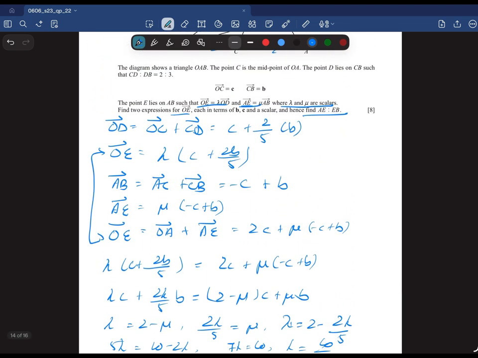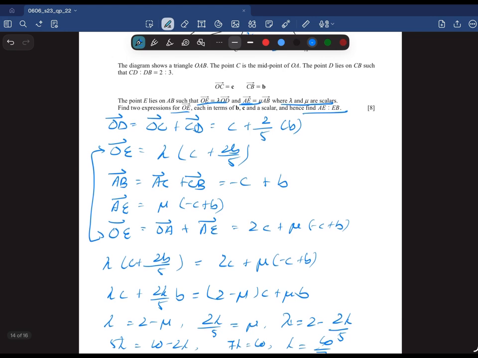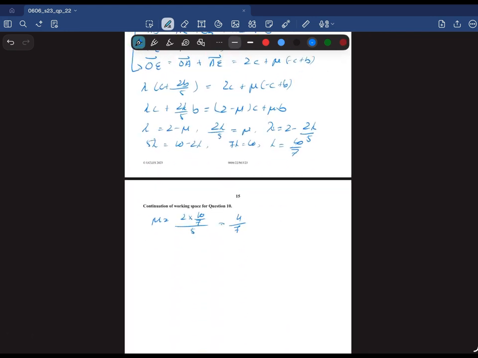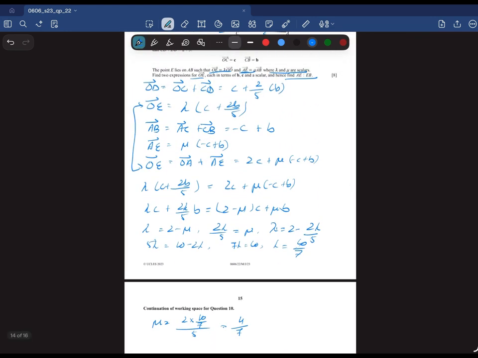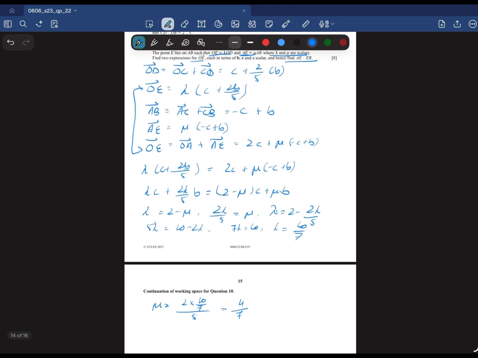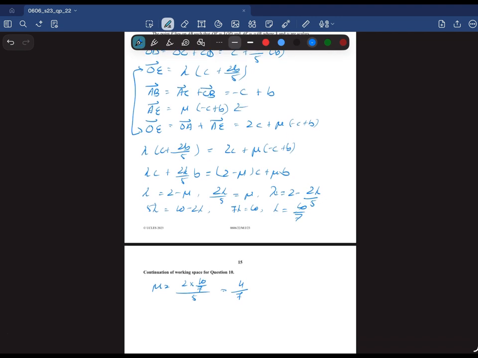Find AE ratio EB. Almost there. We already know AE is equal to mu times minus c plus b. AE equals 4 upon 7, which is mu, times minus c plus b.